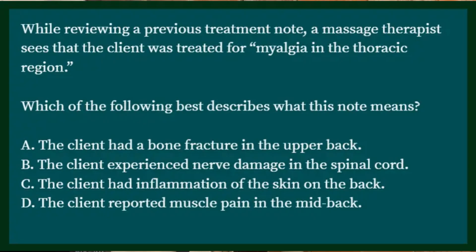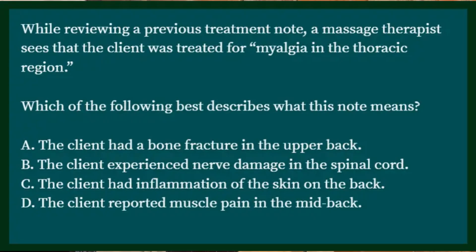Typically when it's referring to the spinal cord, it would be like spina, or it would be neuro. So that's not used in this medical terminology. It's specifically referring to muscle and pain, algia being pain. So that probably would not be the right one.